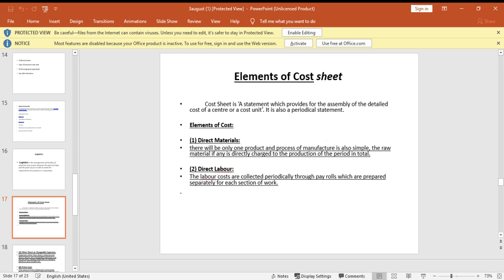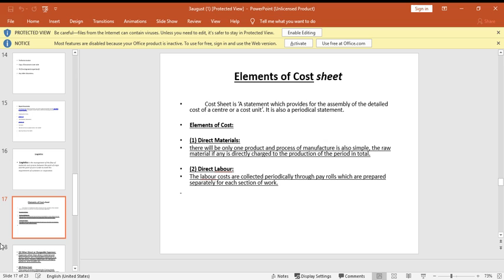Elements of cost sheet. A cost sheet is a document which provides for the assembly of the detailed cost of a cost center or cost unit. It is also a periodical statement.